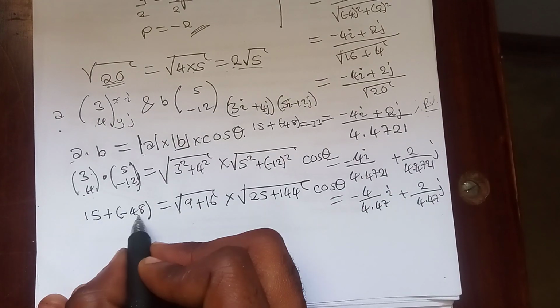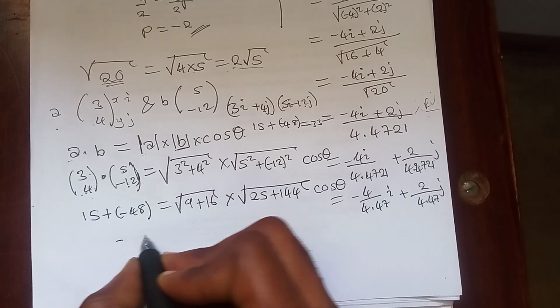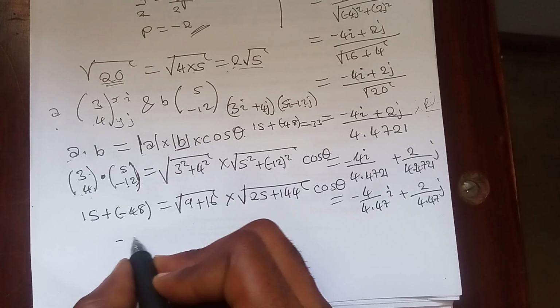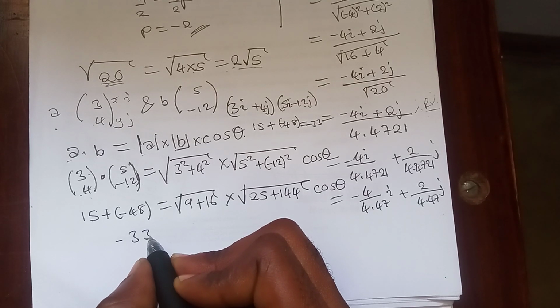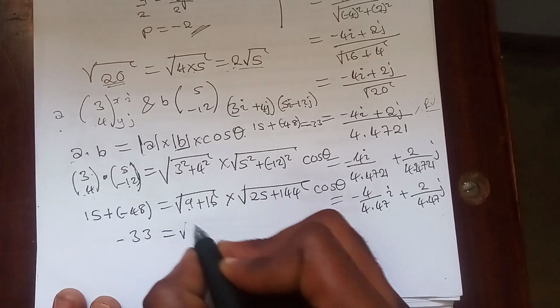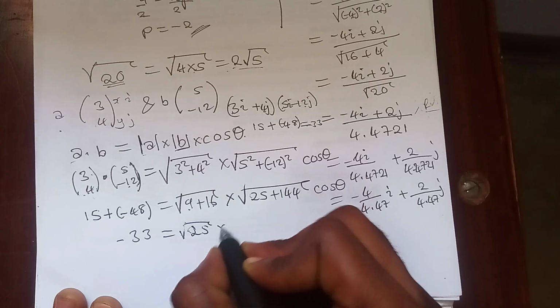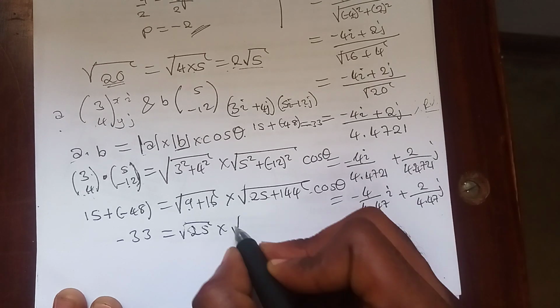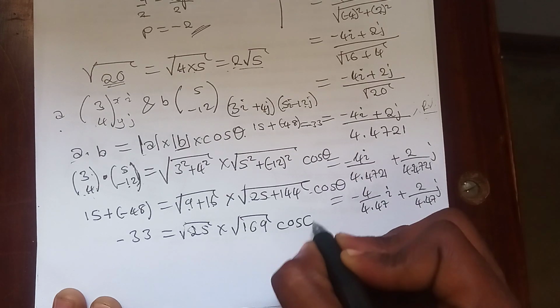So when you add these, you have negative 33, and then 25, multiplied by 169, and then cos theta.